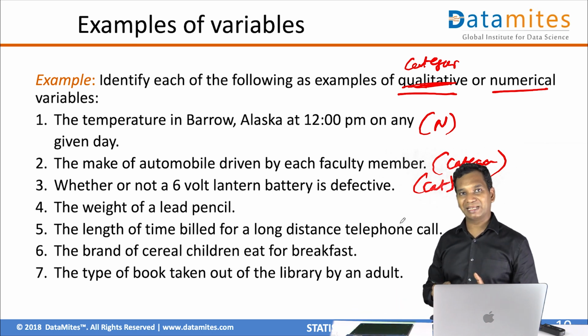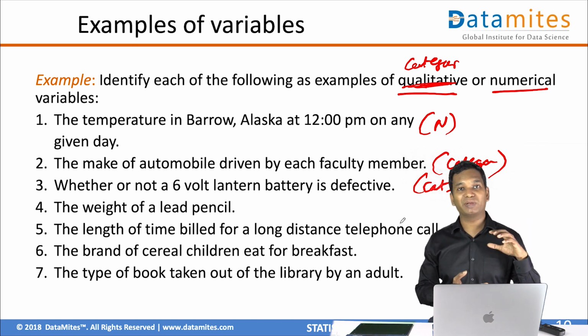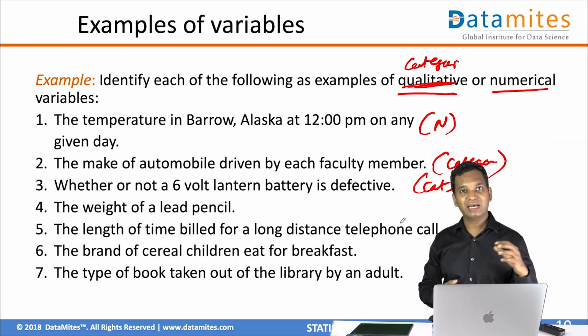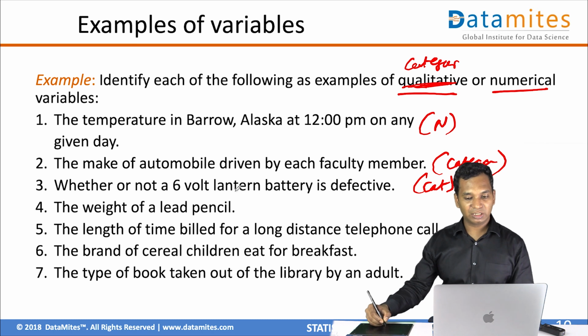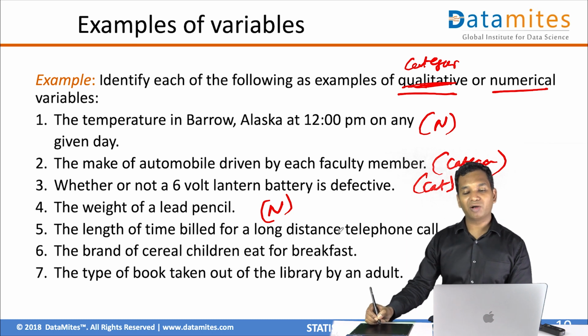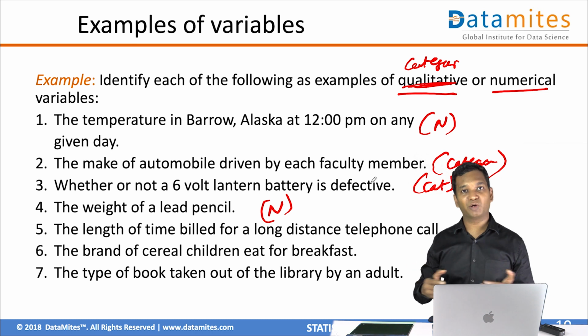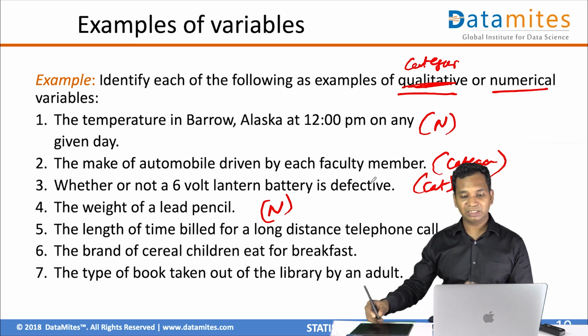Weight of a lead pencil. Anytime you see weight, it is always quantitative, because how heavy, how many kgs, how many grams, whatever it is. The weight of a lead pencil is of course numerical or quantitative data. The length of time billed for a long distance telephone call, so you're talking about duration, how many hours, how many minutes, so how many, it's numerical data.